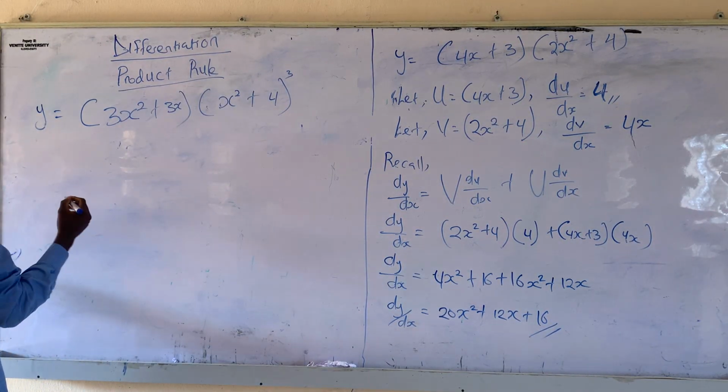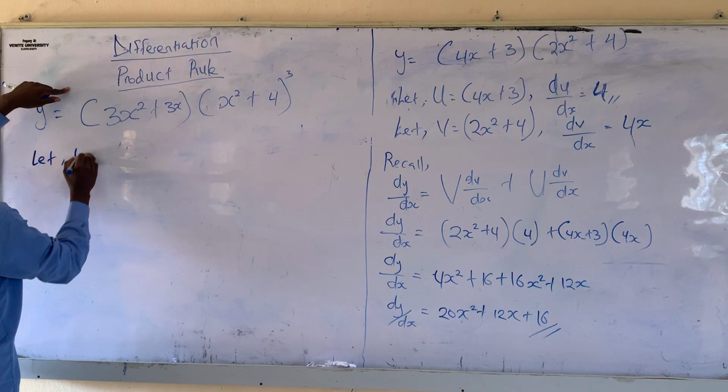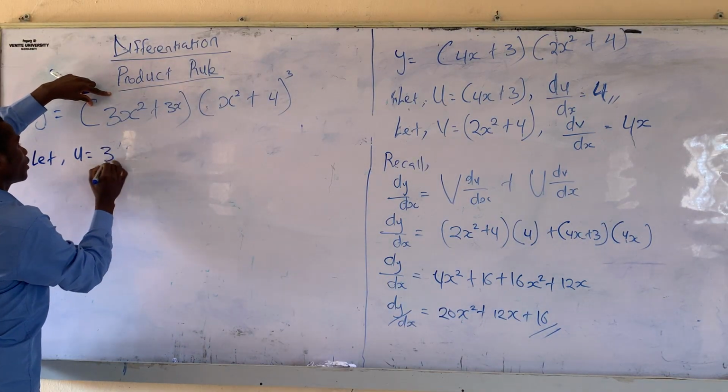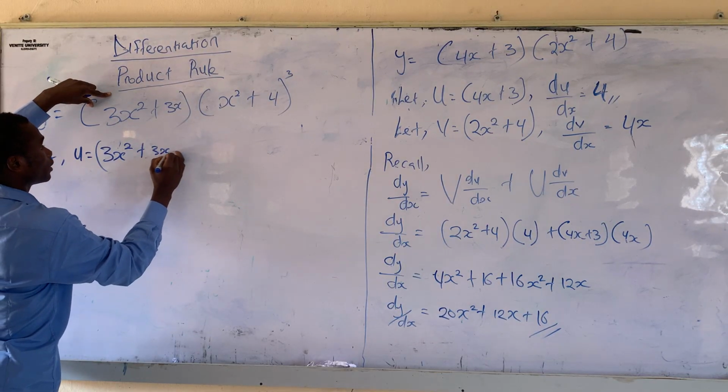In this case, let u be equal to 3x squared plus 3x.